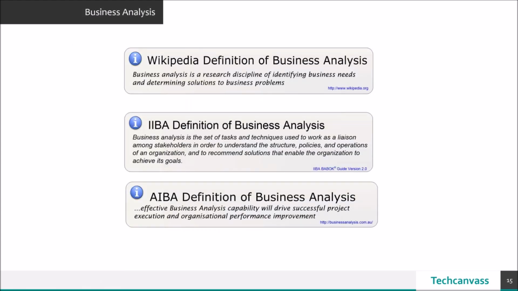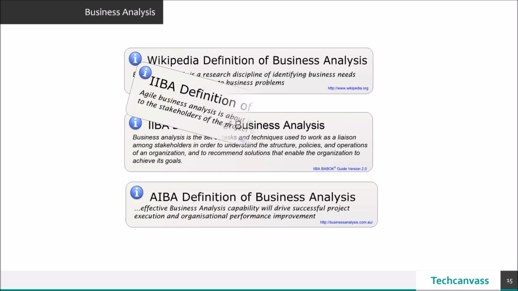So these are the definitions of business analysis as per IIBA. I'll just read them out. Business analysis is a set of tasks and techniques used to work as a liaison among stakeholders in order to understand the structure, policies, and operations of an organization, and to recommend solutions that enable the organization to achieve its goal.